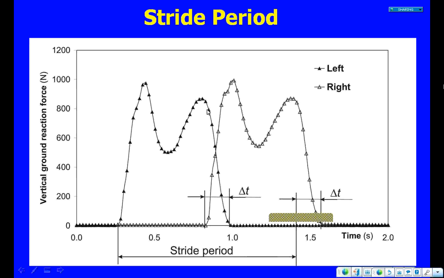If you overlap the left foot with the right foot, then there is an overlap between them. Assuming the human is walking at a constant speed, then next time the left foot will start this force over here. Then the stride period is total time minus 1 overlap time. This is the stride period. Then the overall simulation is calculated in terms of percentage stride period once this is determined.